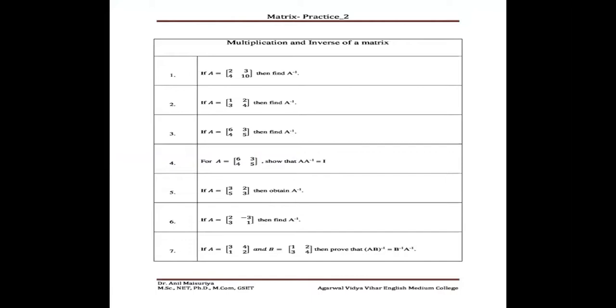So what is the first question? In the first question, we are given: if A is equal to 2, 3, 4, 10, then find A inverse. So basically, in this question, we have a matrix A with elements 2, 3, 4, 10, and we are asked to find A inverse.